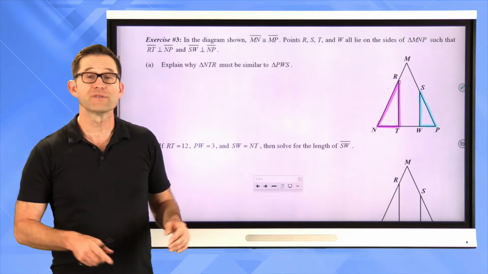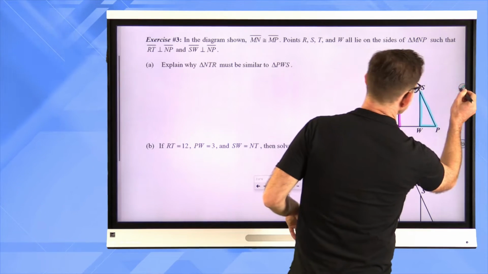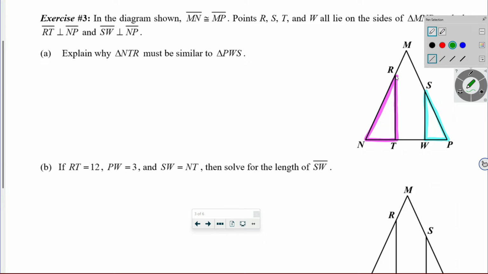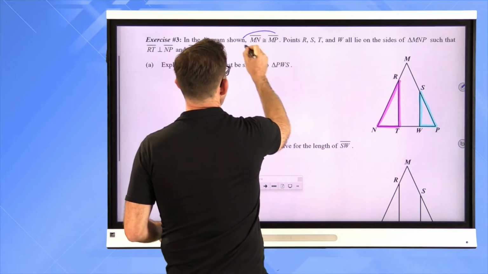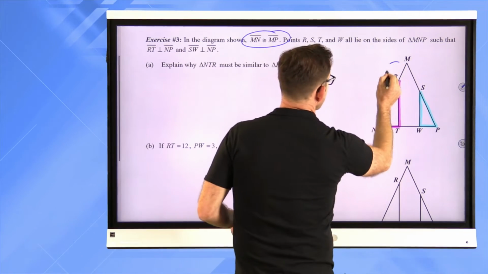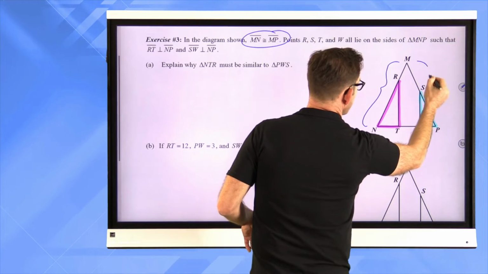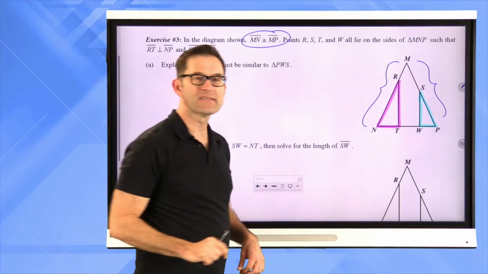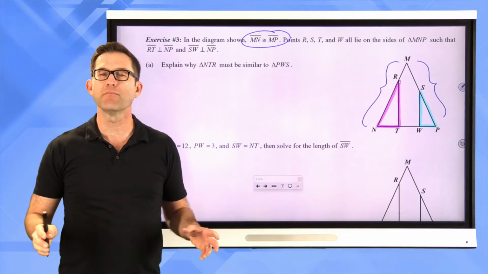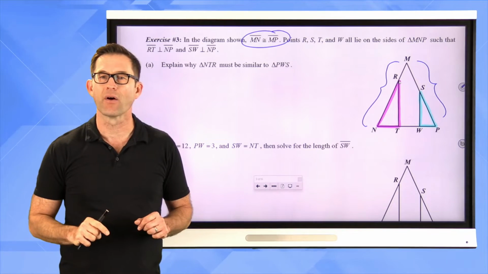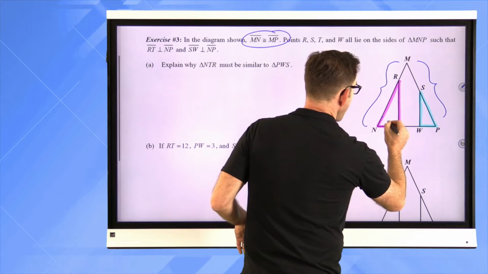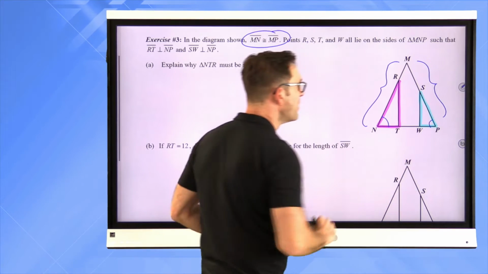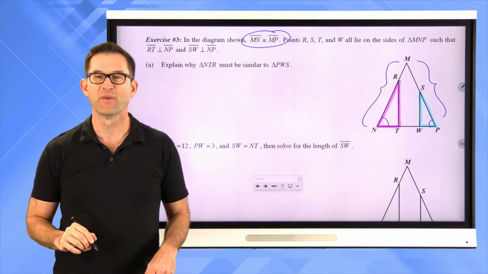All right, well, there's a few things. In fact, there's two things, right? At least that's what I'm pretty sure of. One thing right away is the fact that MN is congruent to MP, which makes the large triangle MNP an isosceles triangle. And because it's an isosceles triangle, the base angles of that triangle must be congruent, right?